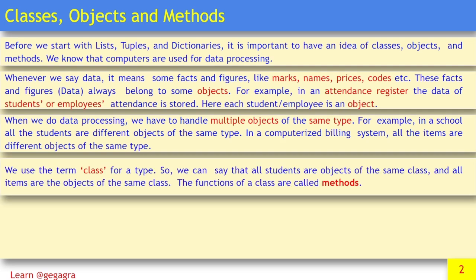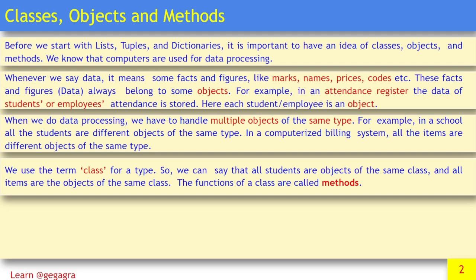We use the term class for a type. So we can say that all students are objects of the same class. If I say X is a student of class 10th, then X is the object and 10th class is the class, and all the students of 10th class are objects but the class is 10th.